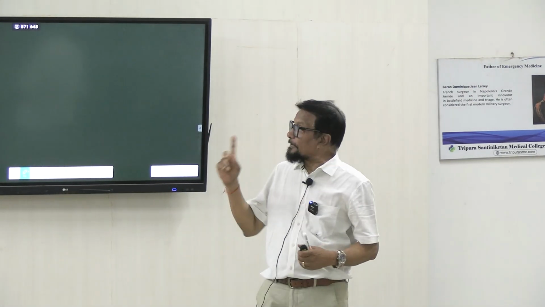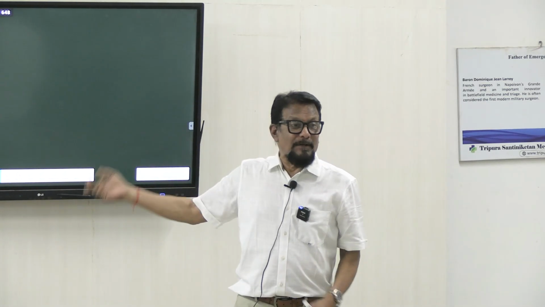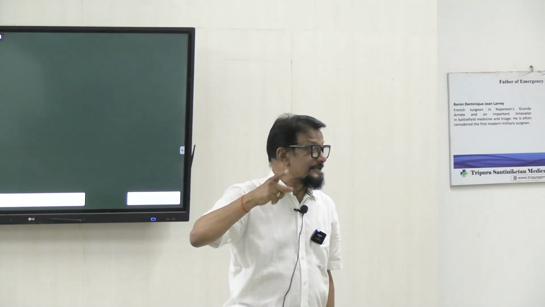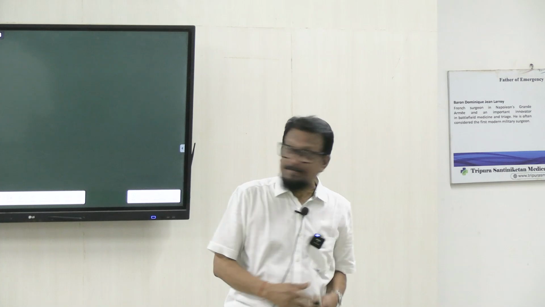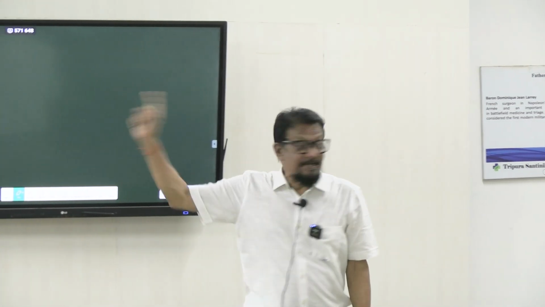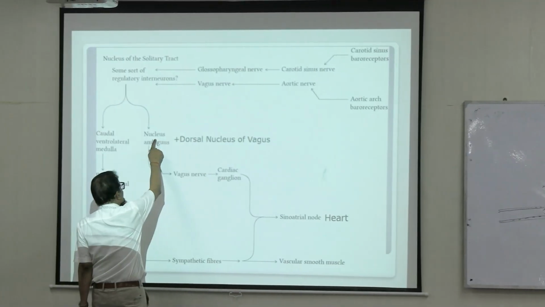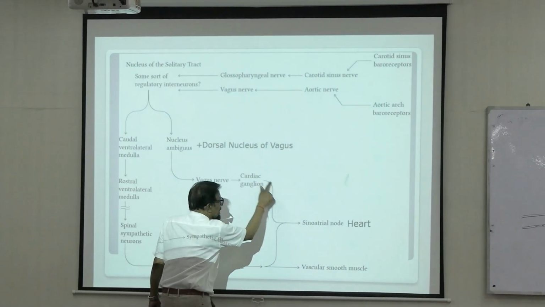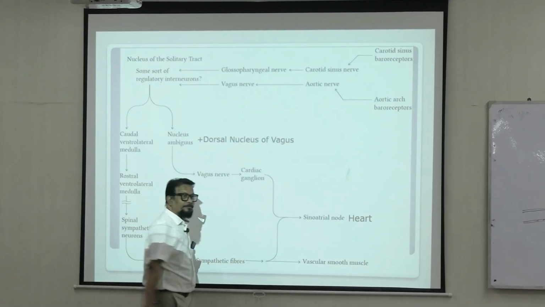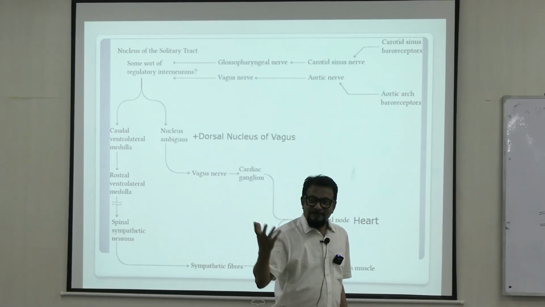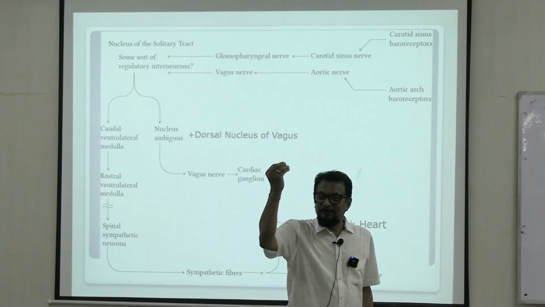Now from this carotid body, the impulse will come to the nucleus tractus solitarius. This will cause inhibition of the vagal center, so no inhibitory impulse will come to the SA node. So no acetylcholine, and as a result heartbeat will be increased.